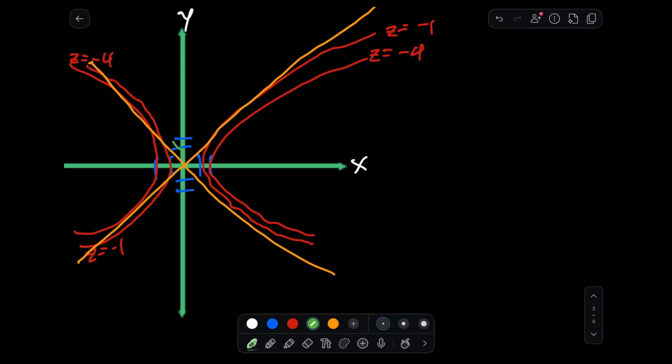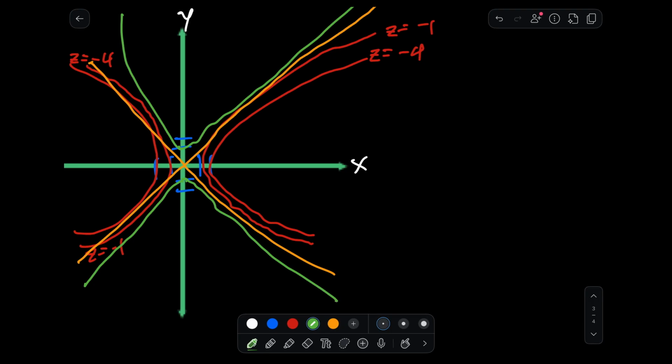For 1, like this, but still ultimately reaching that same asymptote. For 1 right here, you're reaching that same asymptote. And then for 4, it would also be reaching that same type of asymptote.